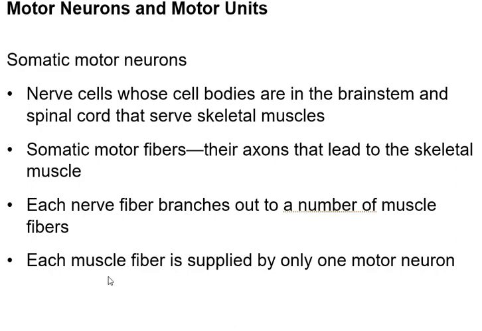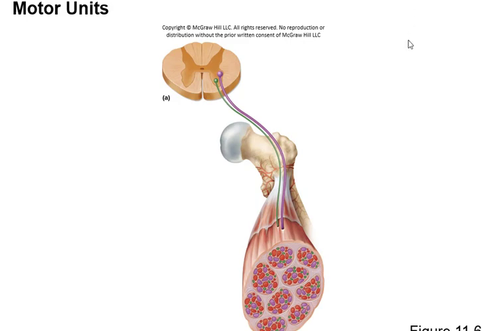Here's an important point to remember. Each muscle fiber, or each muscle cell, is supplied by only one motor neuron. You'd short circuit it if you tried to have more than one motor neuron telling that muscle cell what to do.